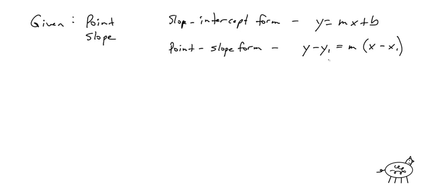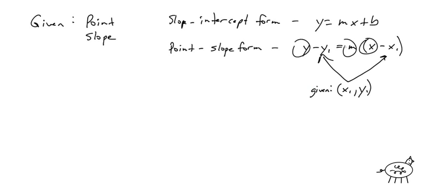And basically, that x1 and that y1, that is a coordinate. That's your point that's given. And the y and the x are always going to be in there. So these are really your variables right here. And then, of course, m you're going to be given. That's going to be your slope. So that's why they call it point-slope form, because you're given a point and you're given a slope.